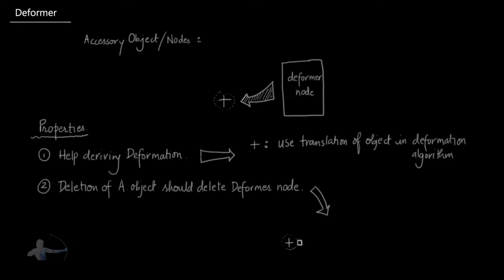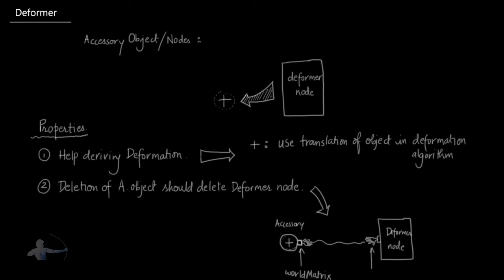And to implement the second property, which is that deletion of the object should delete the deformer node, we will connect the world matrix attribute of the accessory object with the matrix attribute of the deformer node. By doing that, whenever we delete the accessory object, it would delete the deformer node with it.